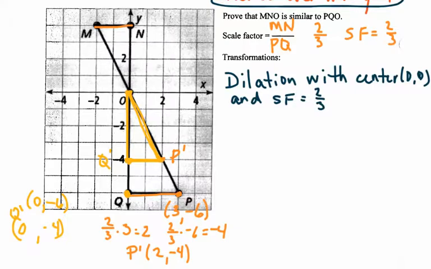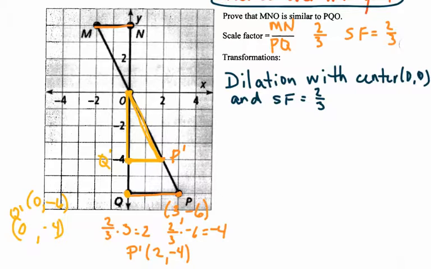And then I have to decide what another transformation is. So it's not a slide because of the way they are shaped. It could be a flip or it could be a turn. So to decide if it's a flip or a turn, I'm going to look at orientation.